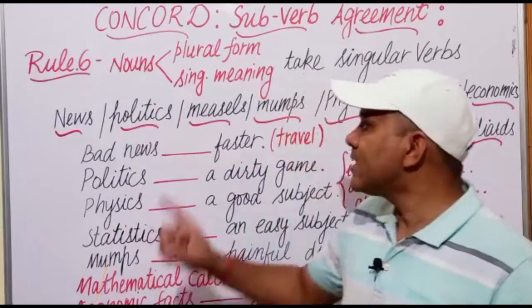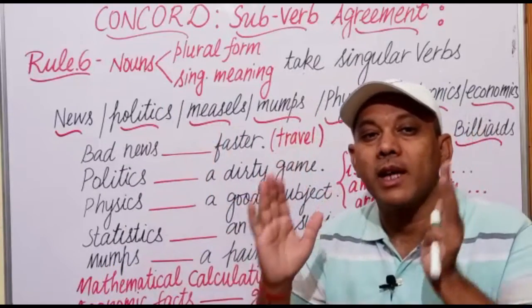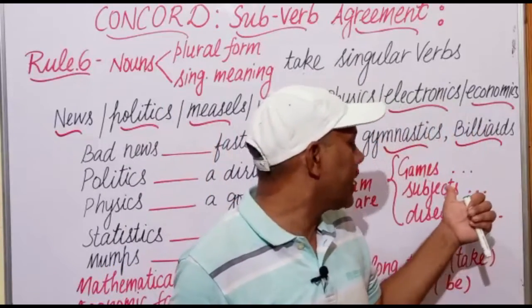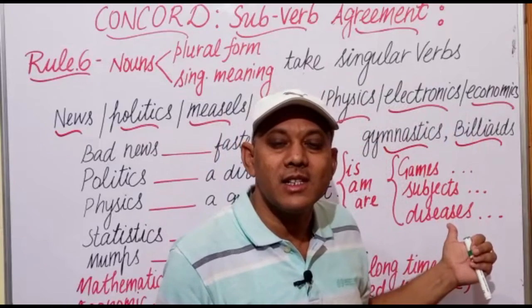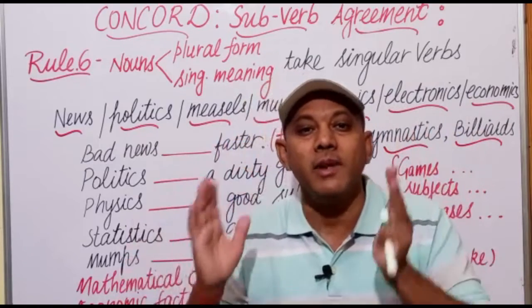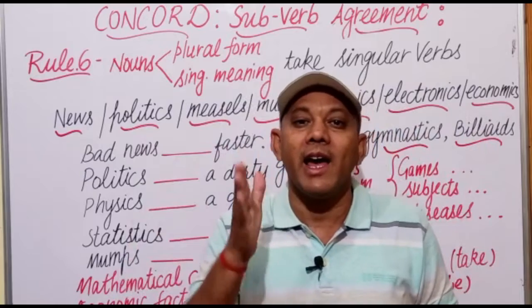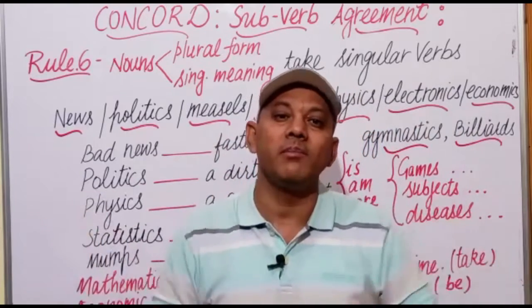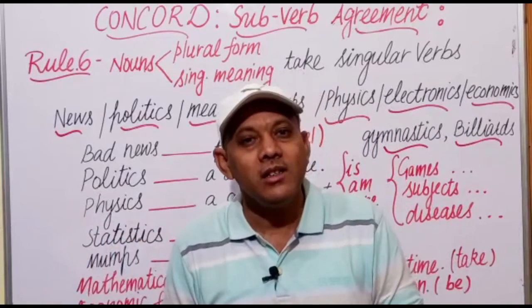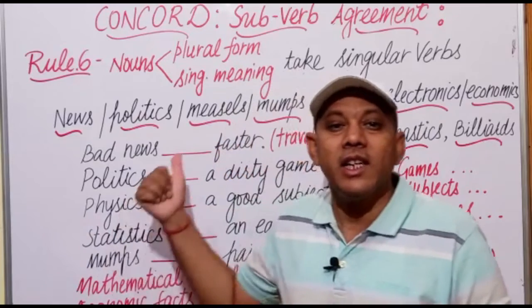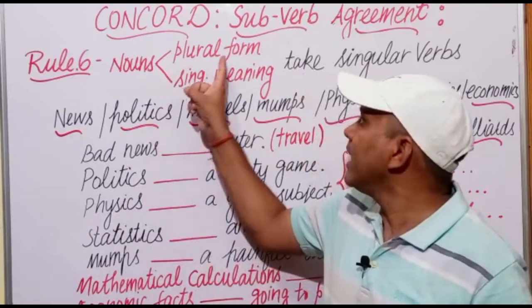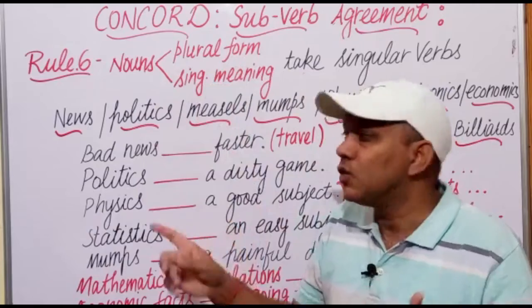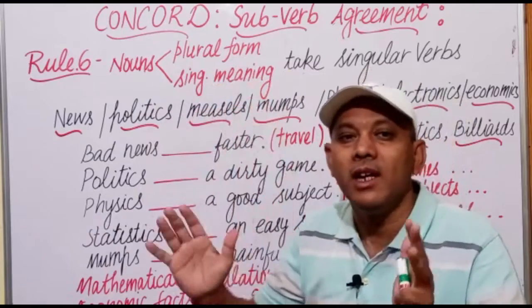But in some games, in some subjects, in some diseases, some nouns or some subjects have s at the end of them. Are they plural? Of course, they seem to be plural in their forms, but they are singular in meaning.